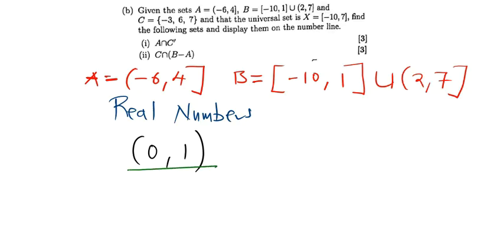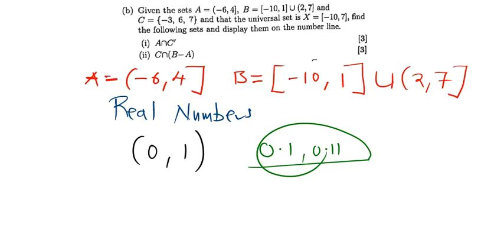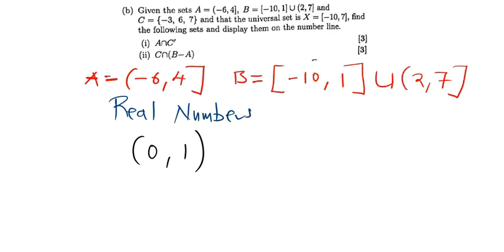But it's still not an empty set because there are quite a lot of numbers in between 0 and 1, numbers like 0.1, 0.11. So you discover that we've got an infinite number of numbers in between 0 and 1. That's a set of real numbers. So that's what we're talking about when you see these kind of brackets.